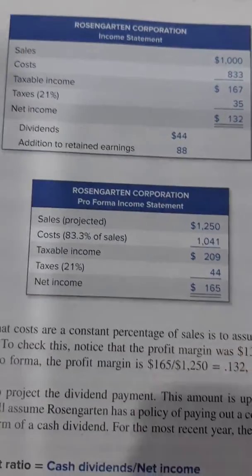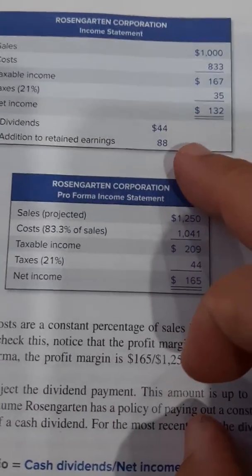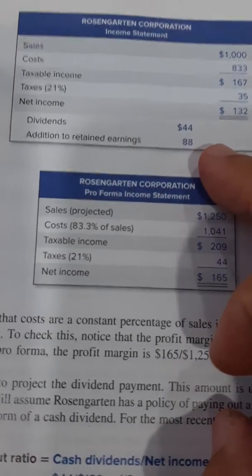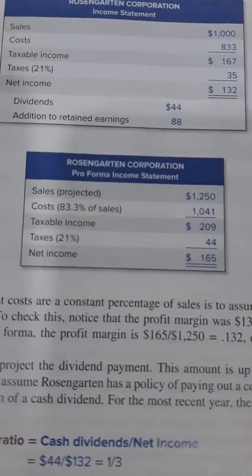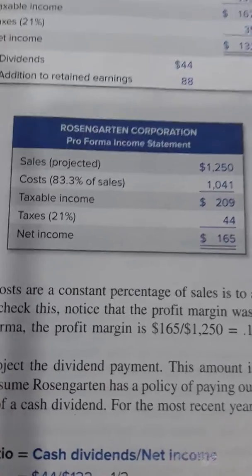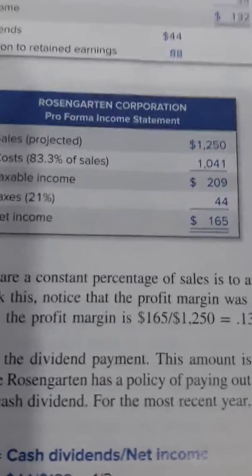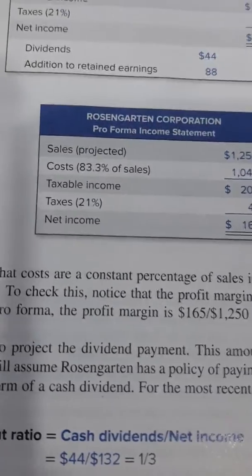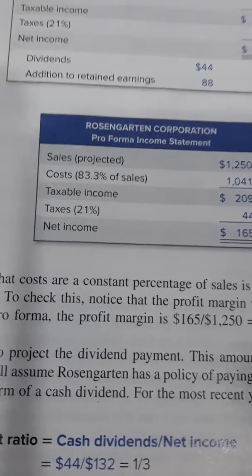So this 88 would be an addition to retained earnings here. The $88 would be added to the accumulated retained earnings from the previous years.